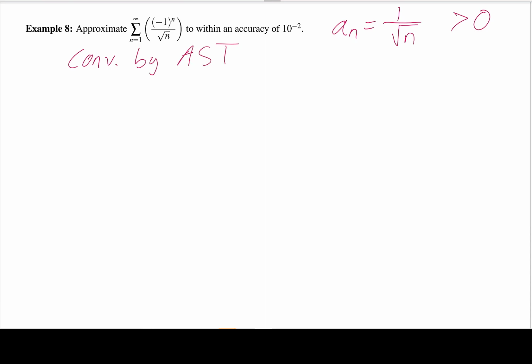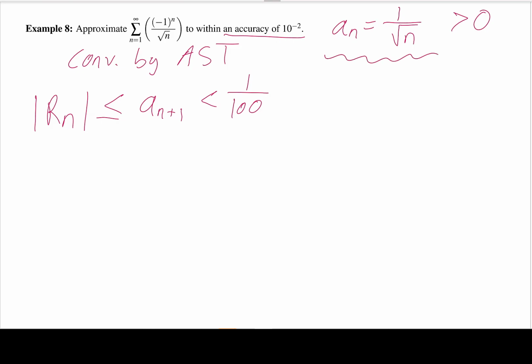Okay, so now we can apply this new remainder estimate that we learned. And the key thing to take away from the remainder estimate is that the absolute value of the error has to be less than or equal to a sub n plus 1. And we want this to be within an accuracy of 10 to the negative 2. So we want this to be less than 1 over 10 squared, which is 1 over 100. Well, our formula for a sub n is right here.